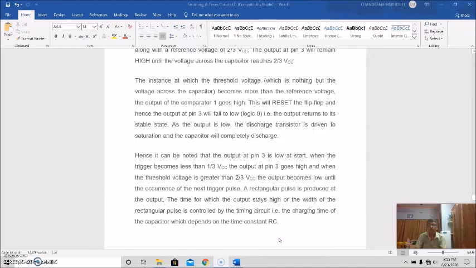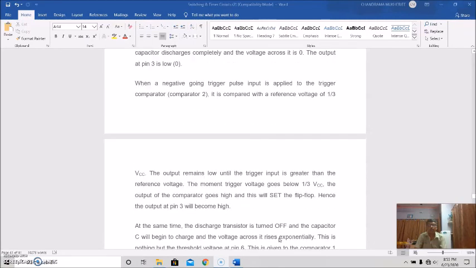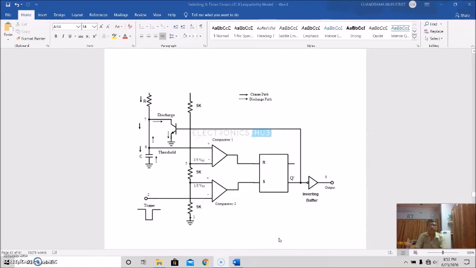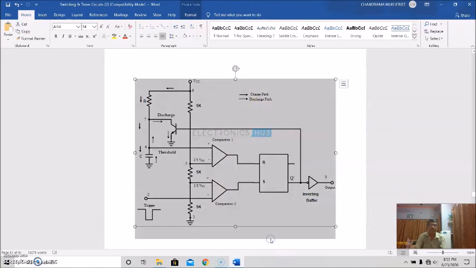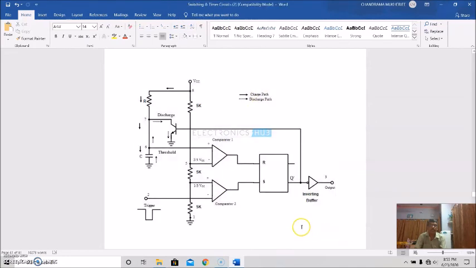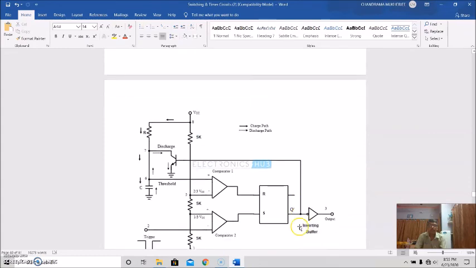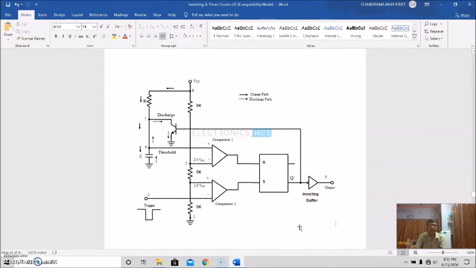So actually this is the operation, and this is the circuit, as you are seeing here. This is the circuit diagram. These are two comparators, comparator 1 and comparator 2. This is the threshold voltage.